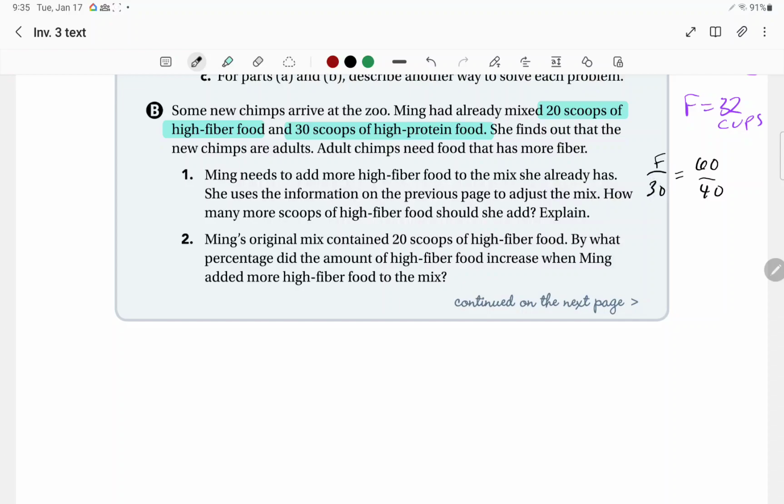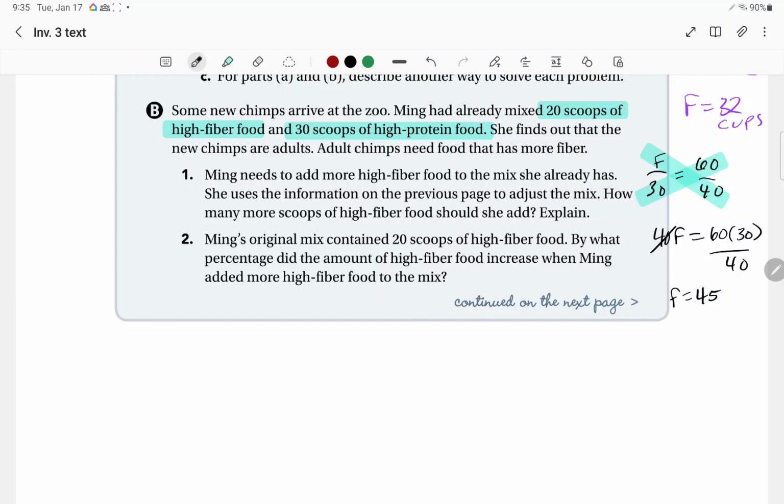So then if we cross multiply and solve this proportion, that's going to tell us how much fiber in total should be in this mix. So if we do this, you would have 40F is equal to 60 times 30. Divide out that 40. And when you do that, you would get F is equal to 45.